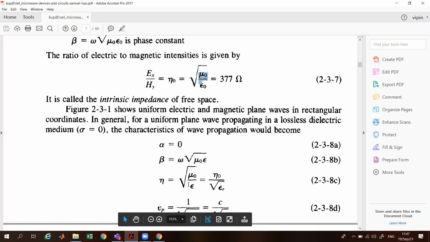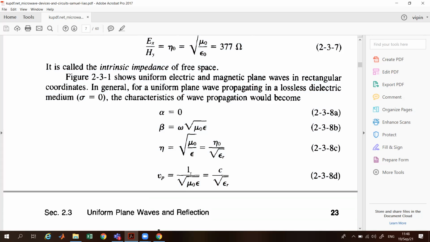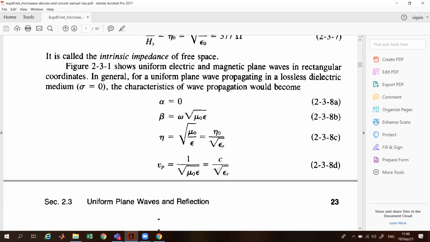If it's propagating through a medium which is not free space, then we can represent it like this. Why? Epsilon equals epsilon r into epsilon naught. So the square root of mu naught divided by epsilon naught equals eta naught. Then Vp will be equal to this, or we can say it will be C divided by the square root of epsilon r.